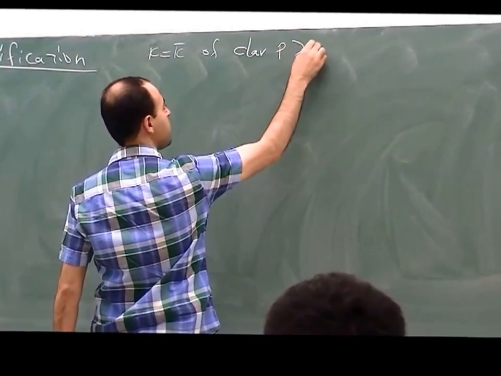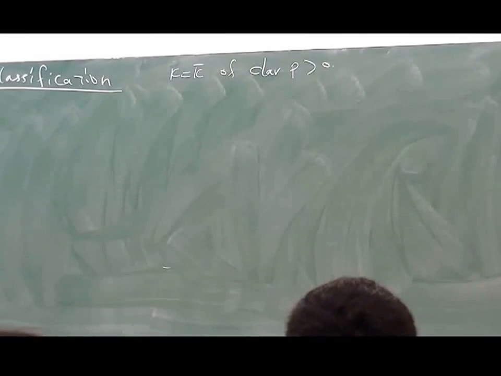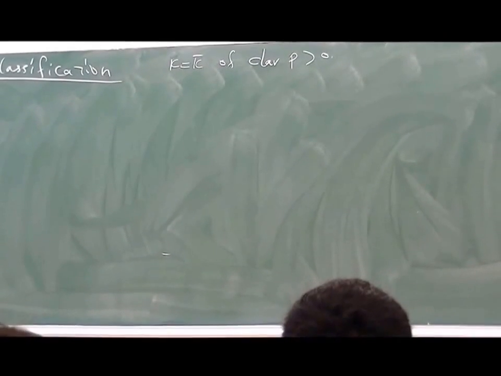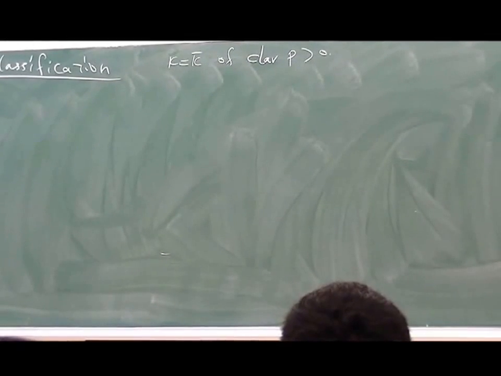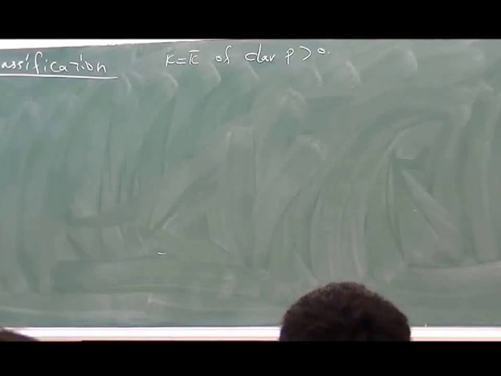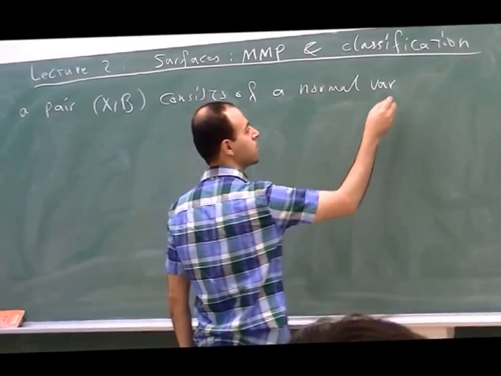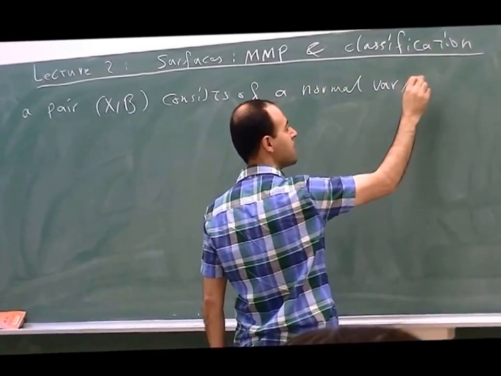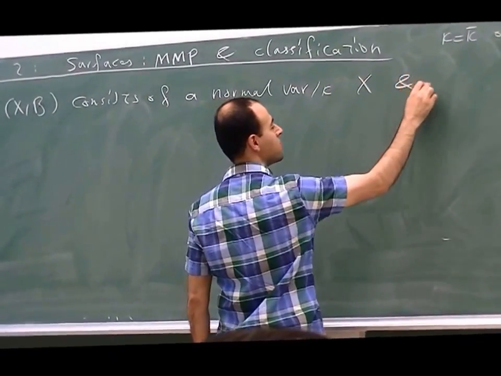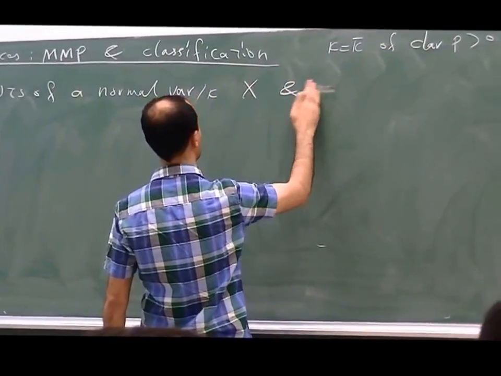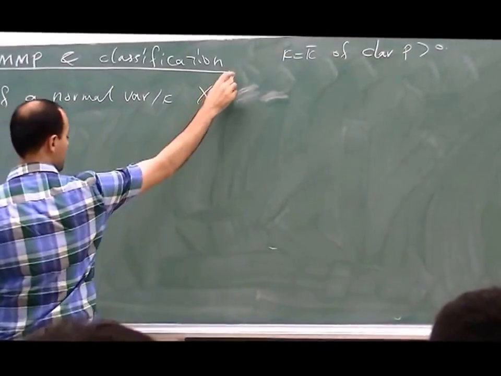So this is usually positive, but some of the definitions and many of the things can also hold for characteristic 0. So a pair (X, B) consists of a normal variety, everything will be over k, X, and a so-called Q-divisor.